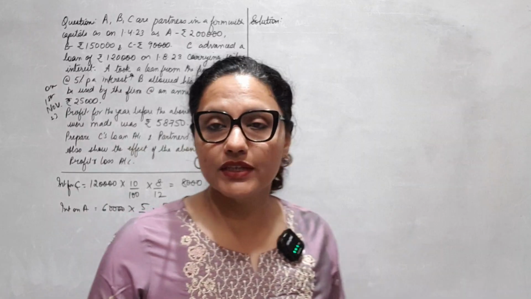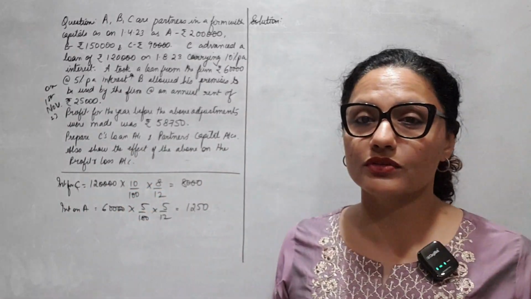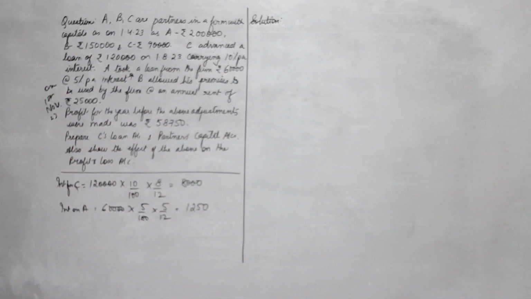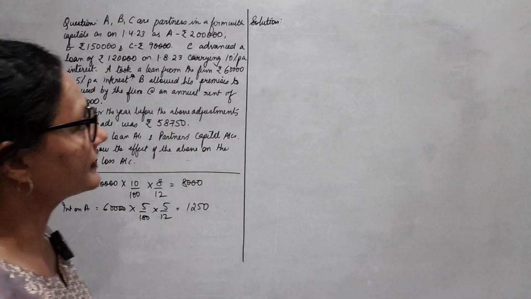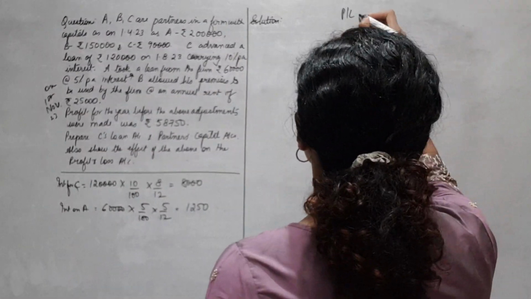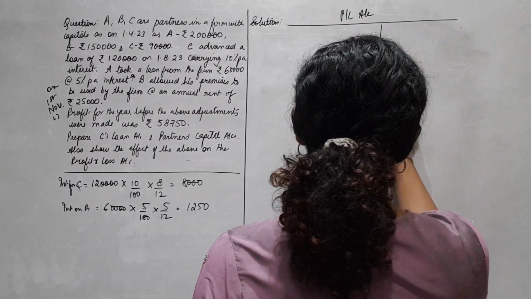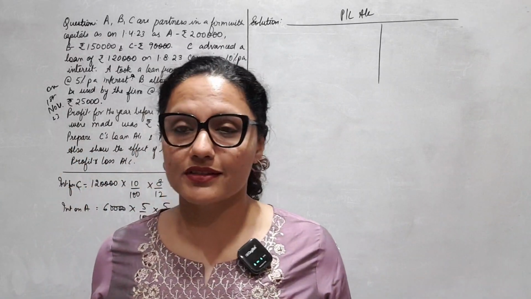So now we have calculated both the interests and we know that both are supposed to be closed by transferring to profit and loss account, right? Now how will this affect the profit and loss account? Let us see that. Here let us make the PL account. We don't have the entire profit and loss account details.